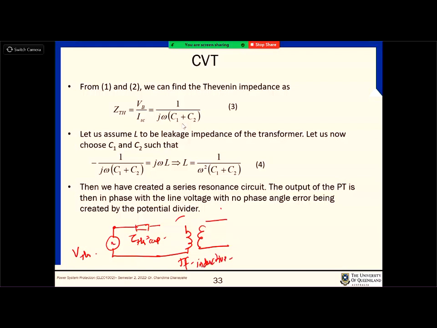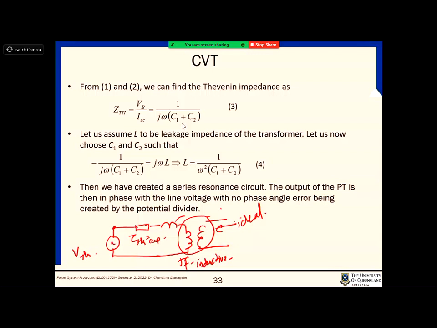So if the transformer is inductive, the Thevenin equivalent impedance is capacitive. This part is the ideal transformer, and this is the inductive impedance of the transformer. I have neglected the magnetization branch here.